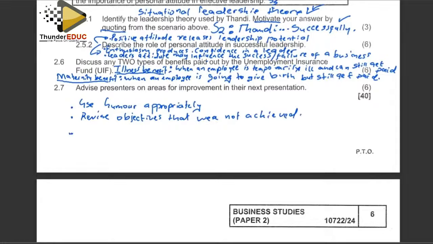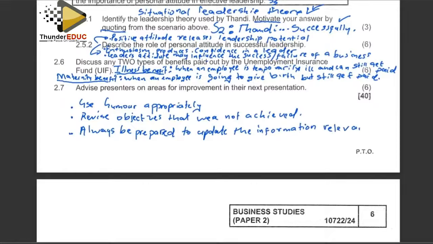Okay, right. So also always be prepared to update the information that is relevant.